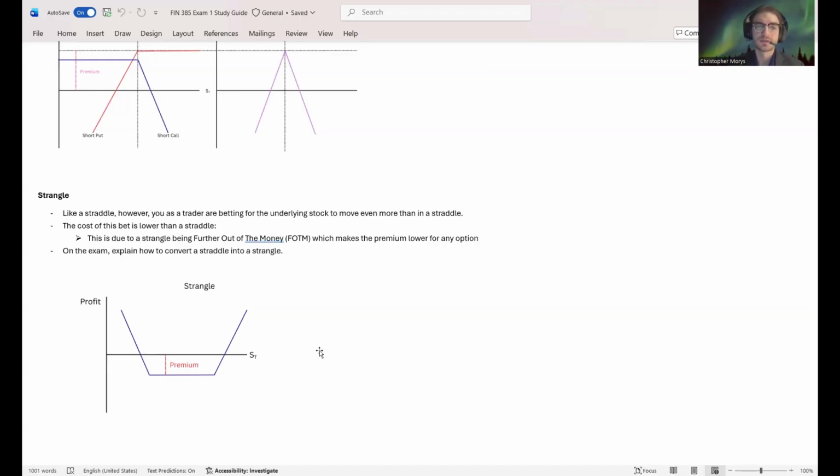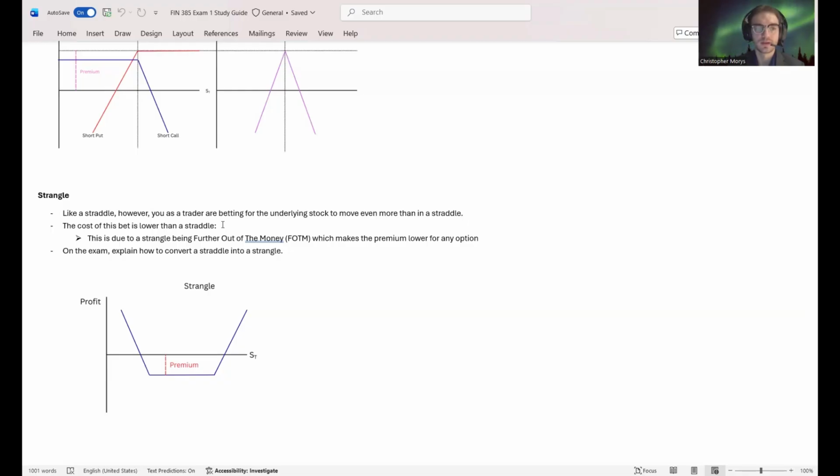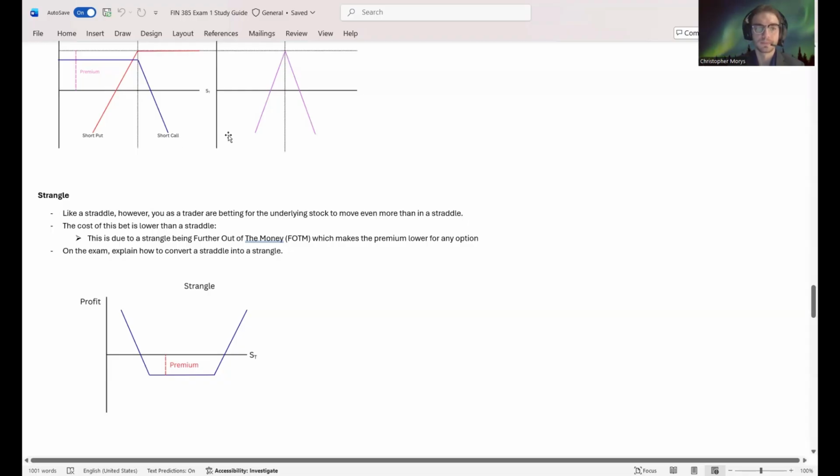Like a straddle, you as a trader are betting for the underlying stock to move even more than in a straddle, right? So you capture an even wider area. Due to this strategy, the cost of this bet is lower than the straddle.